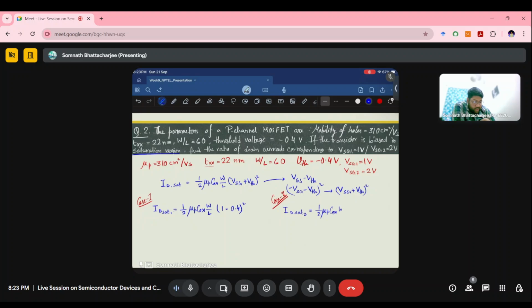So this will be like this, and this is 2 minus 0.4 whole square. We just have to take the ratio.